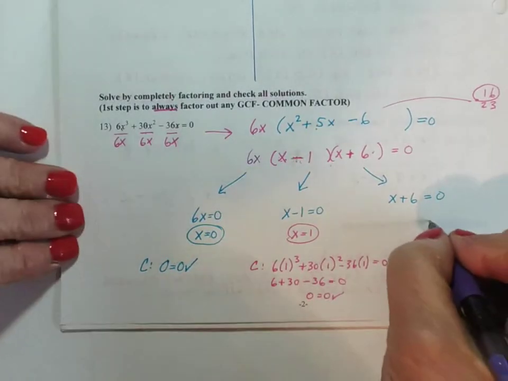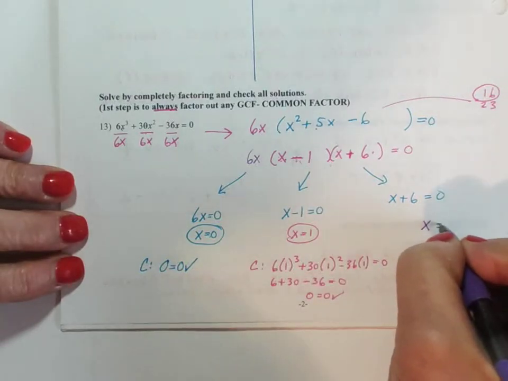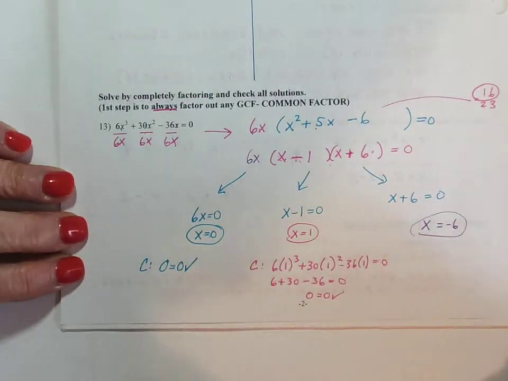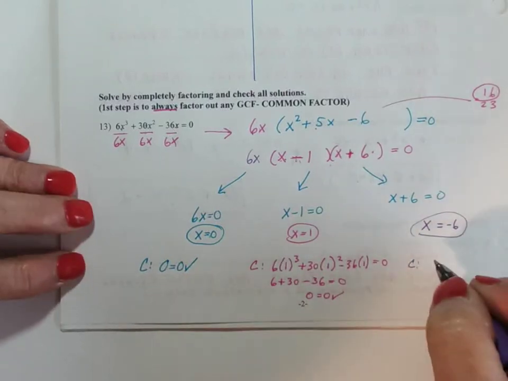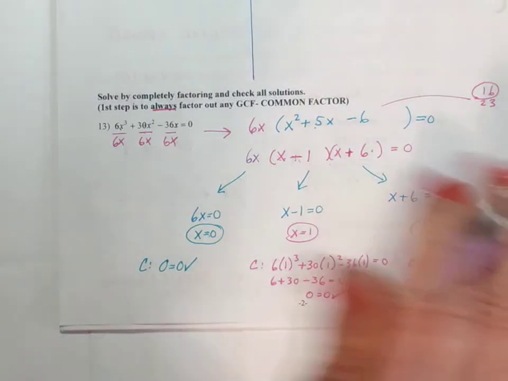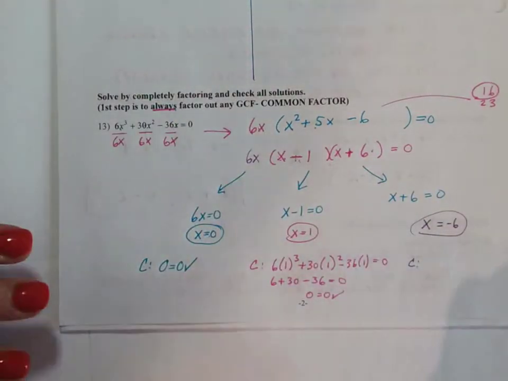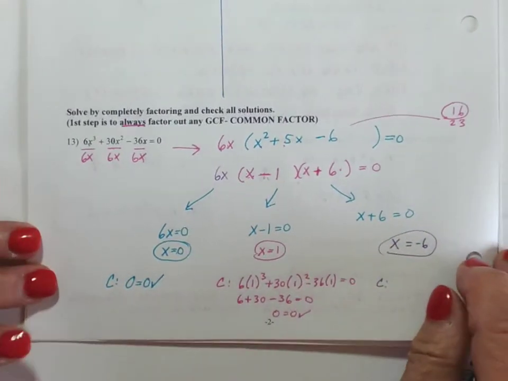My last one here, mentally subtract 6 from both sides. X equals negative 6. Okay, you can check it. In your notes, it's always good to show all the steps so that you can go back, especially when you're studying for a big test or the final exam.